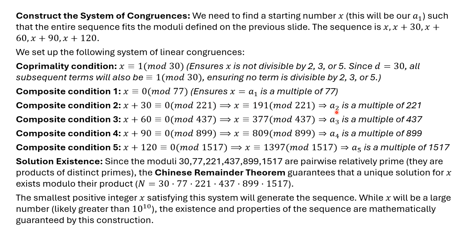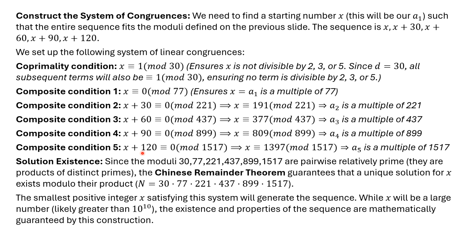So a sub 2 is a multiple of 221, which is, again, not prime, it's composite. And then we just proceed: we have x plus 60, we bring the 60 over here, so minus 60, we add 437 to it, and we get 377. This ensures a sub 3 is a multiple of 437, which is a product of two primes. We do the same thing here, same thing here.